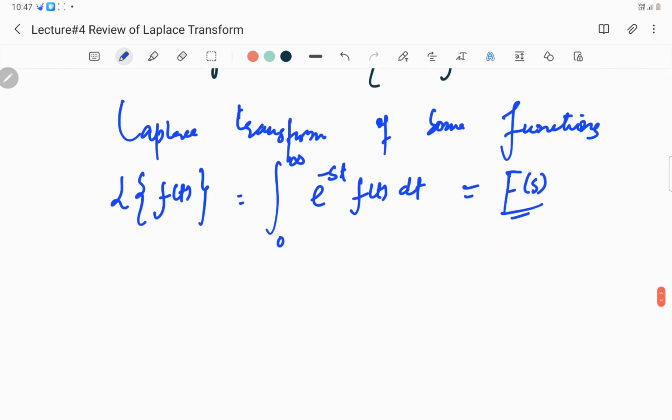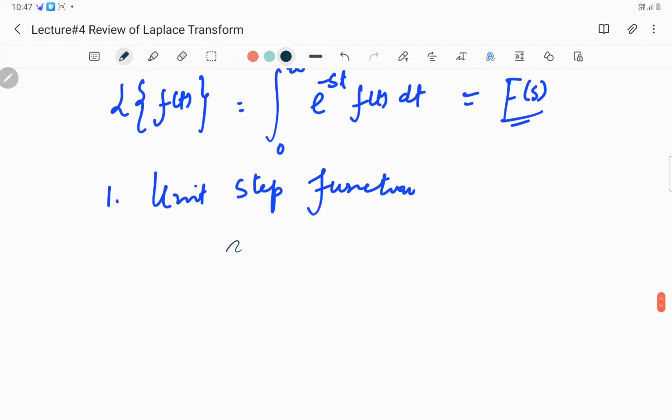Let us try to find the Laplace of the unit step function. The first example is the unit step function. As we know, a unit step function can be written as u(t) is 1 for t greater or equal to 0, and u(t) is 0 for t less than 0.